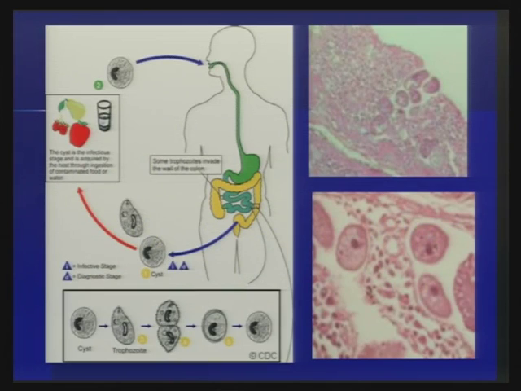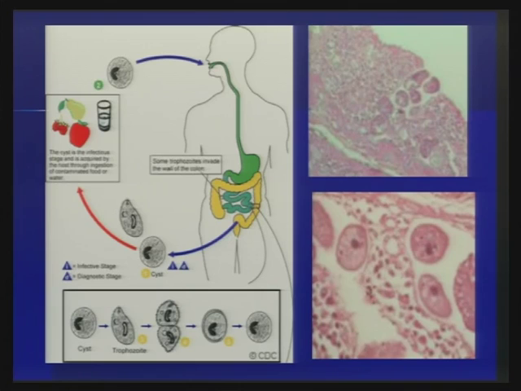And how about Entamoeba histolytica? Where is the common place of the extraintestinal infection? Liver. How about this one? Use your common sense. It's a common sense answer. Use your logic. Simple logic.